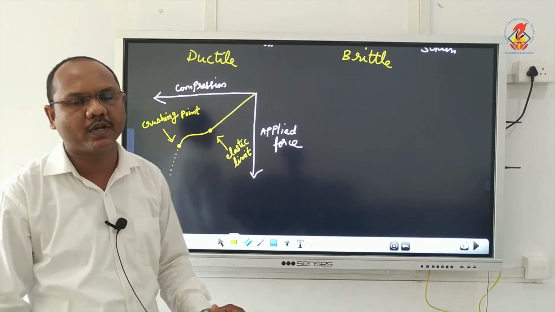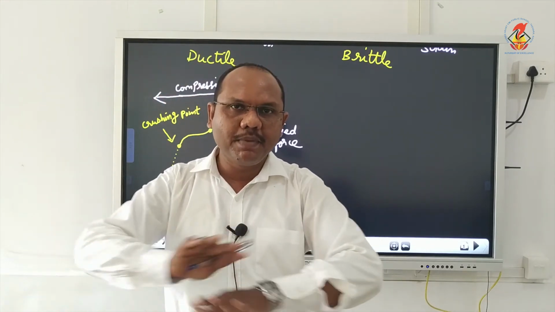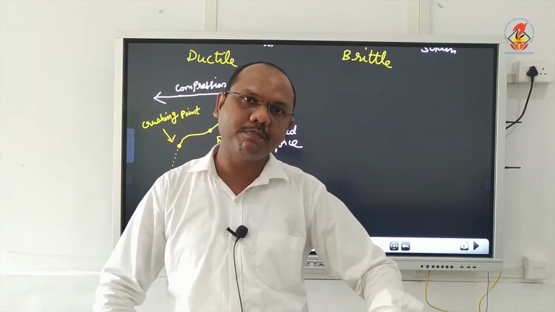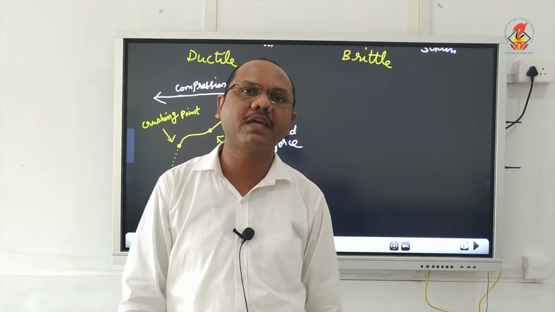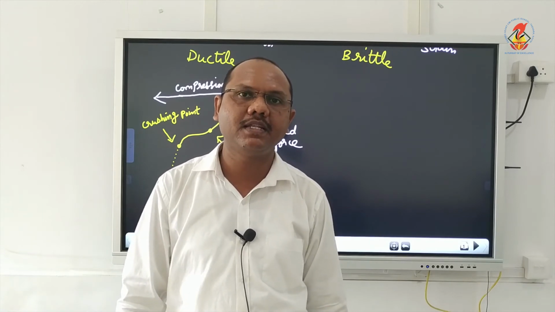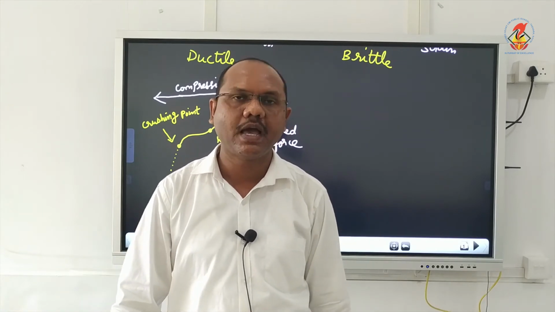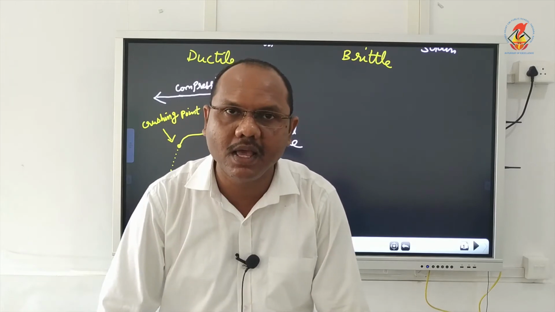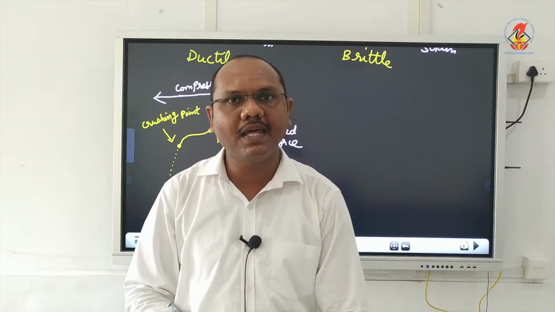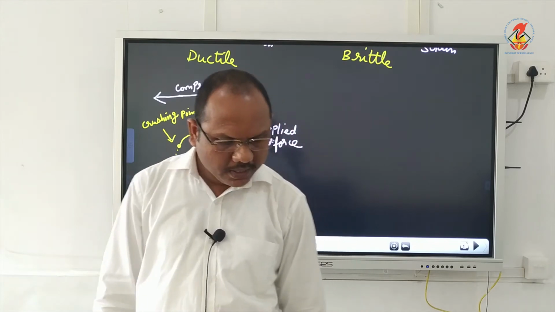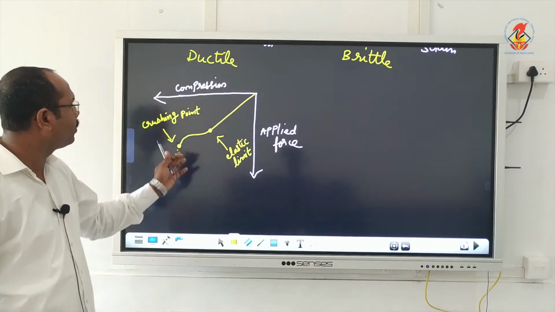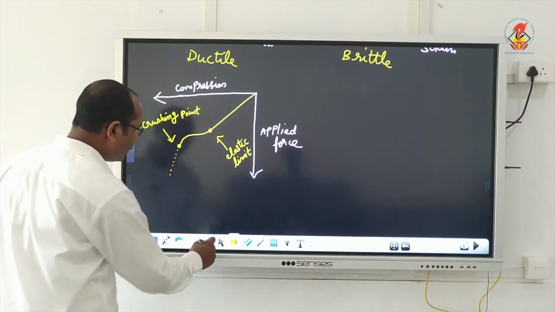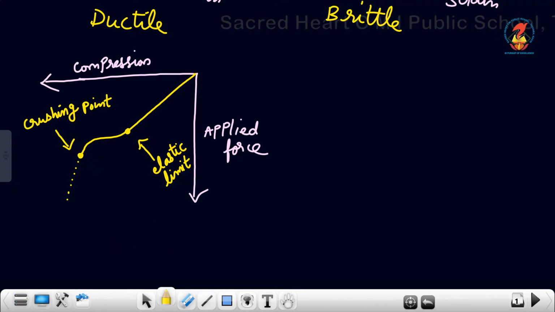After that crushing point, the material will behave as malleable. However much we beat it, it will just keep becoming a thinner and thinner sheet. And which is the most malleable material? The most malleable material is gold. Now draw the graph of this also. This is the graph for a malleable material.